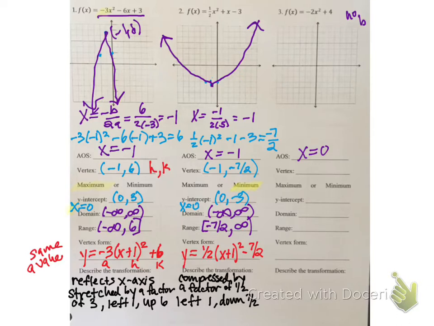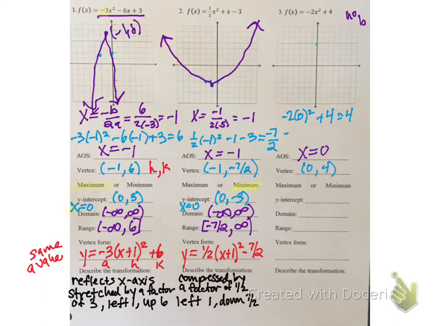But 0 over anything would just be 0. Then to find my vertex, I'm going to plug in x equals 0 into my original equation. So negative 2 times 0 squared plus 4 just gives me 4. So my vertex is at (0, 4).